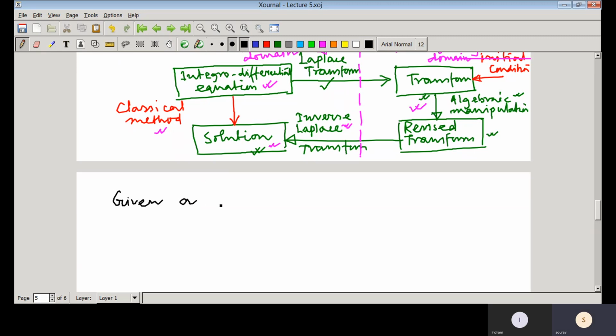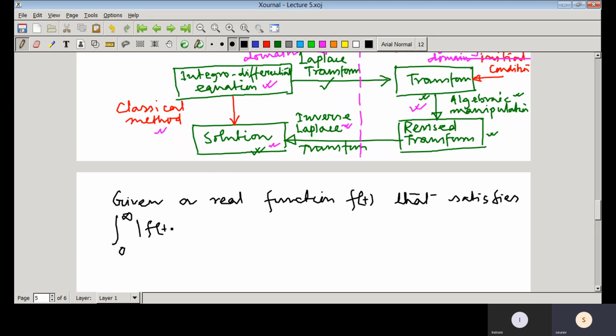Given a real function, say f(t), that satisfies this condition, I hope you all know how to check whether this function is Laplace transformable or not.